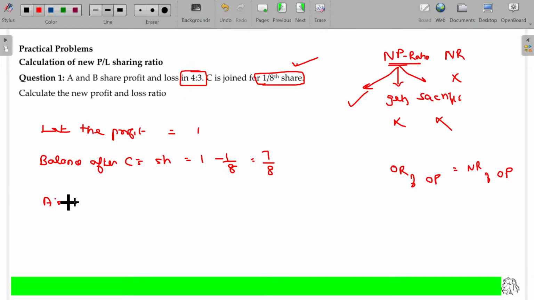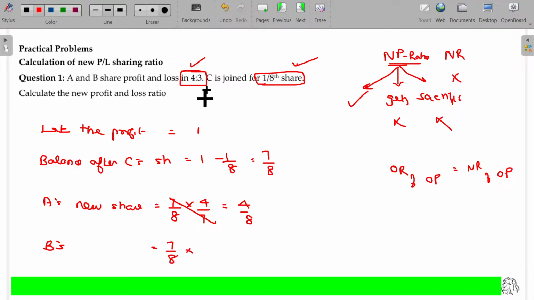So A's new share is 7/8 times 4/7, which is 4/8. Similarly for B, 7/8 times 3/7, the 7s get cancelled, so 3/8.